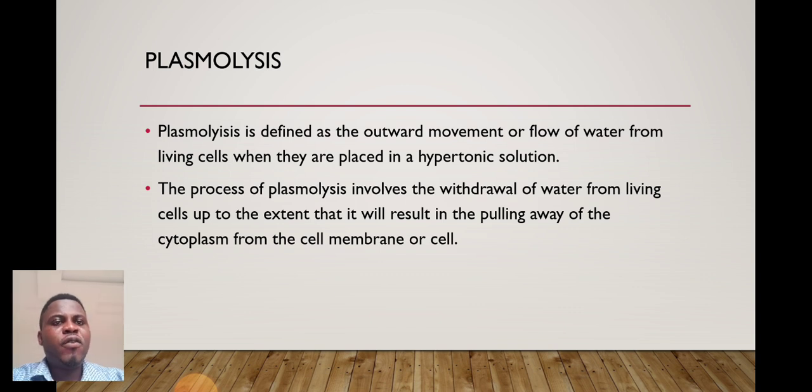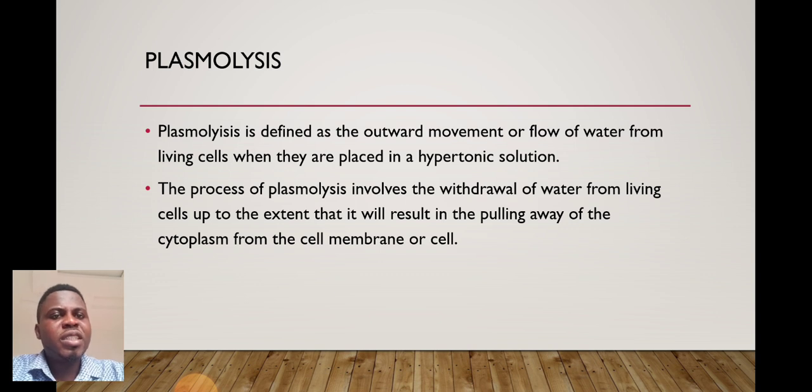I said before that when a cell is placed in a hypertonic solution, that means the environment around the cell has a stronger or higher concentration. Water will move from lower concentration to higher concentration. What that means is that water will leave the cell to go to the outside environment. And when it goes outside like that, that phenomenon is called plasmolysis.